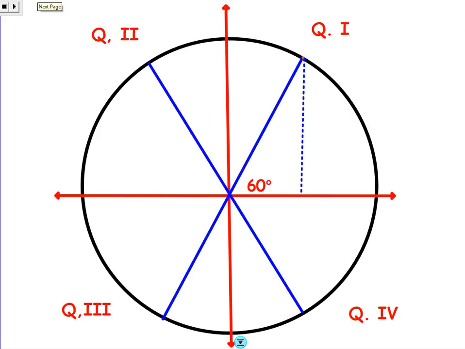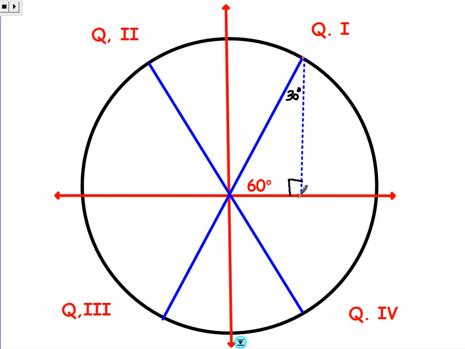Okay, so here we have 60 degrees. So this again is our 30, 60, 90 right triangle. But now the short side is here and the long side is here. Now it's oriented differently. Before it was kind of like laying down and now it's standing up. I like to think of it as the short side and the long side. The shorter side is half of my radius.